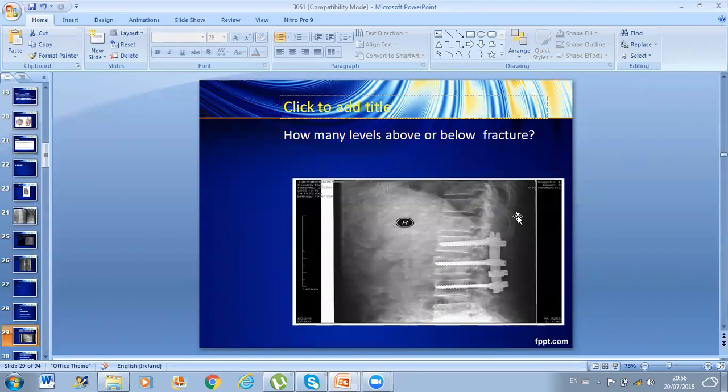Every implant is stable in tension, then compression. So normally there is kyphosis in the thoracic spine, so if I fix the thoracic spine it will fail before the lumbar spine. So normally we have the intuition to fix the thoracic spine more than the lumbar spine.